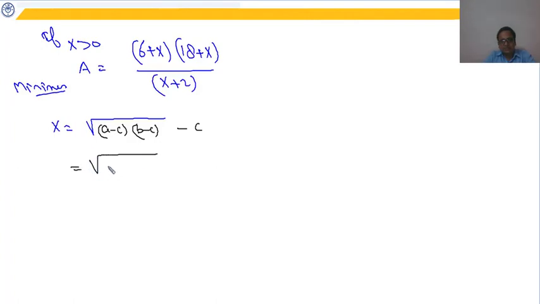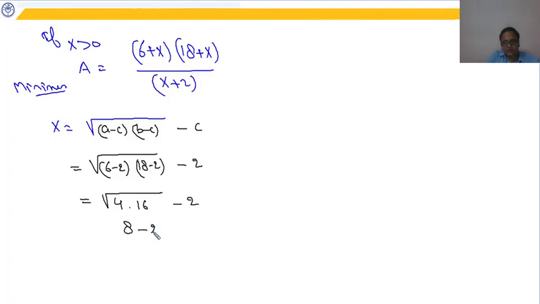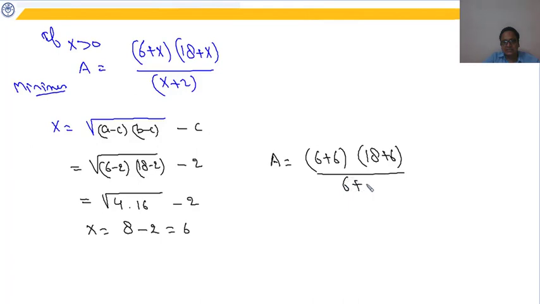So it is the square root of (6 - 2)(18 - 2), minus 2. 6 minus 2 is 4, 18 minus 2 is 16, the square root is 8, and 8 minus 2 gives 6. Value of x is 6. Just put x equal to 6 in the given expression. It becomes (6 + 6)(18 + 6)/(6 + 2).